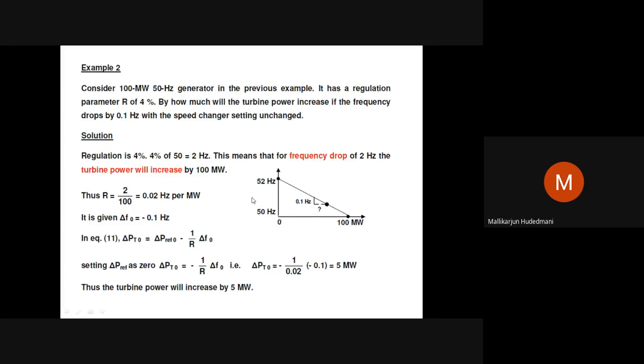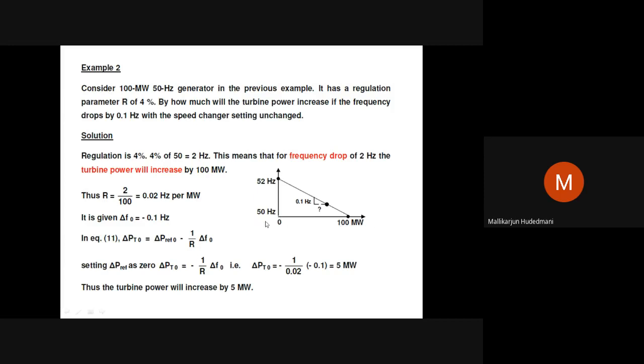You have to draw graphically a line with the 52 hertz point and 100. The X-axis is the power scale. The Y-axis is the frequency scale. So a certain point you will connect to the point of 100 megawatt. Therefore, this horizontal line is now the base line. Base frequency of what? 50 hertz. That is your reference point.